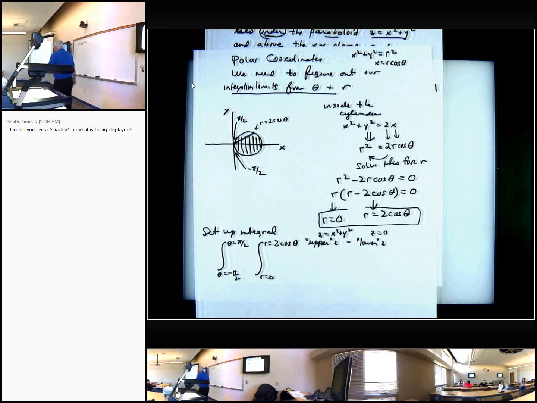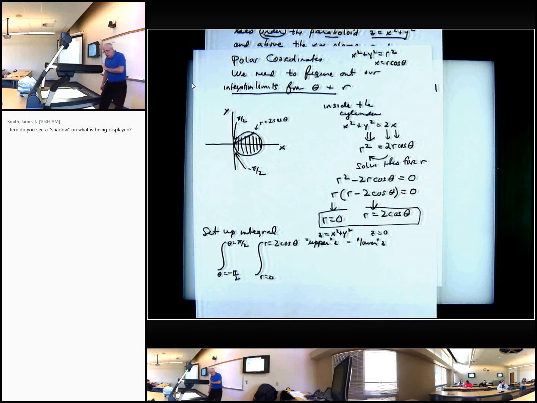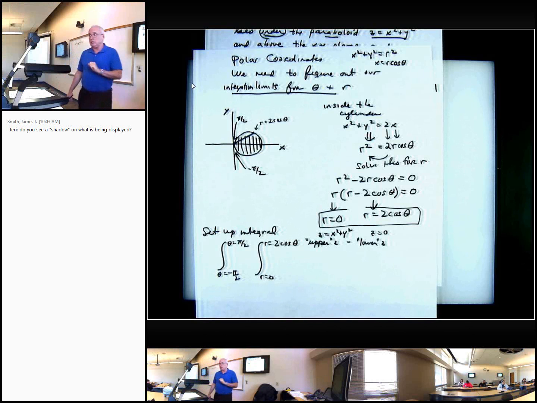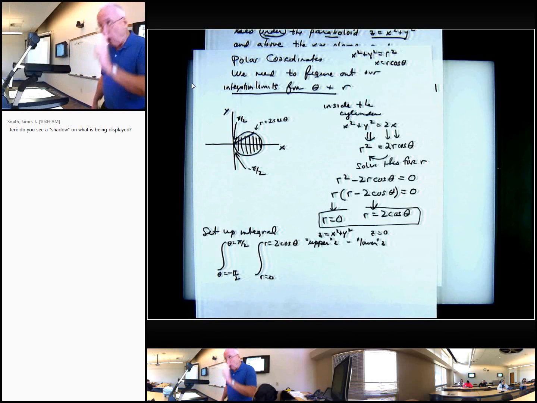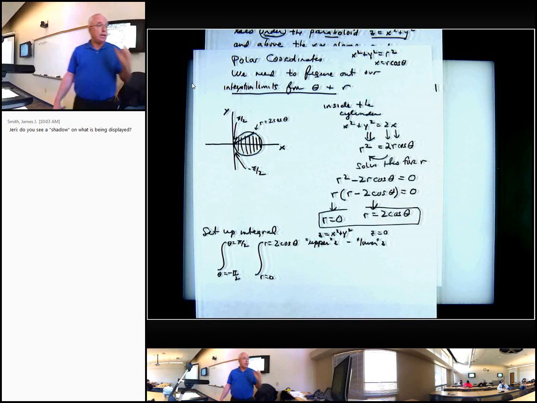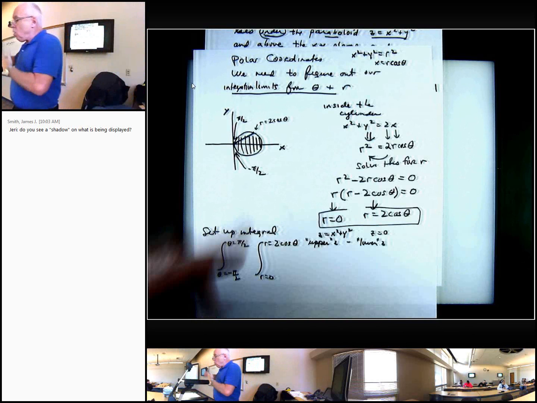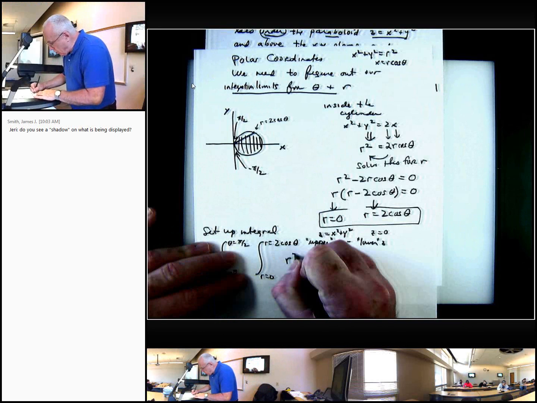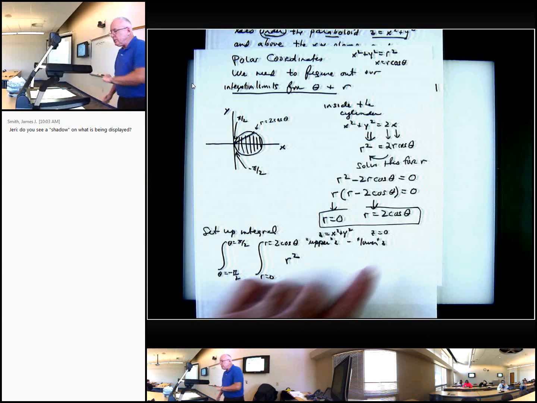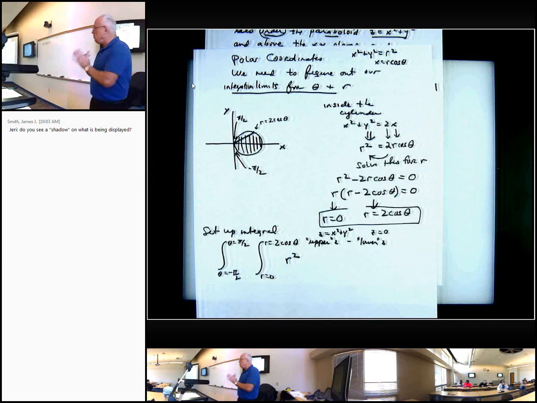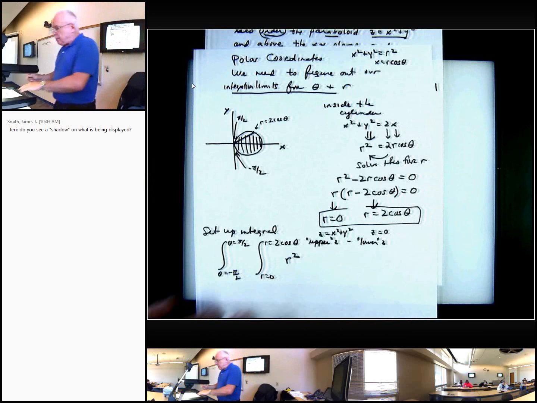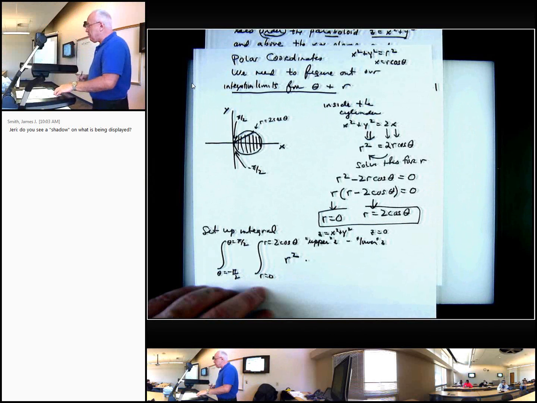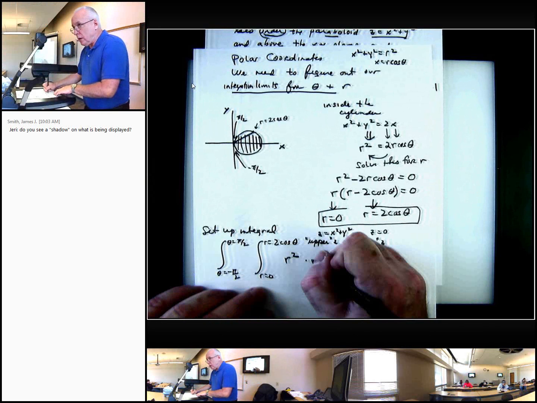So how can I represent that upper z in terms of polar coordinates? R squared, right. Z is equal to x squared plus y squared. Well, that's what r squared is. So this is going to be r squared. My lower z is 0, so I'm not even going to write it. But now remember, times what?